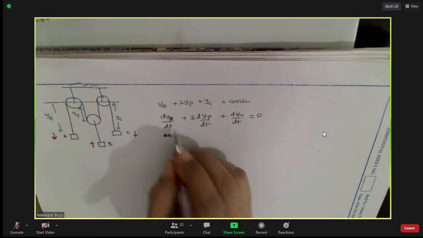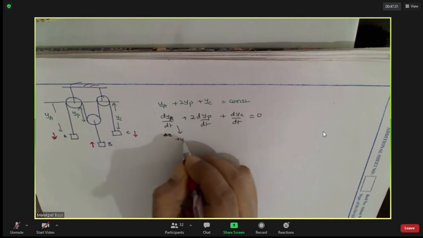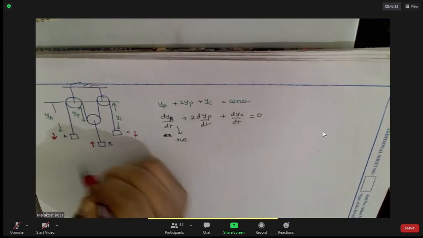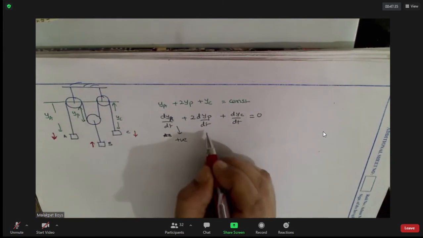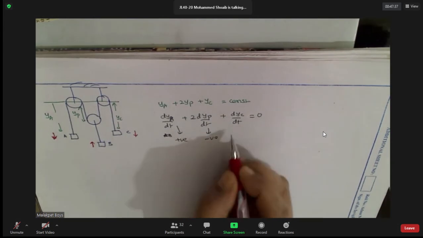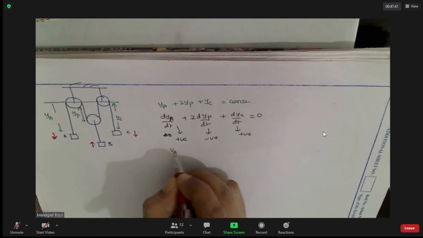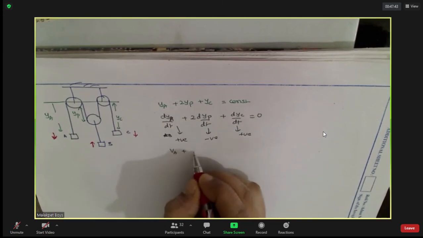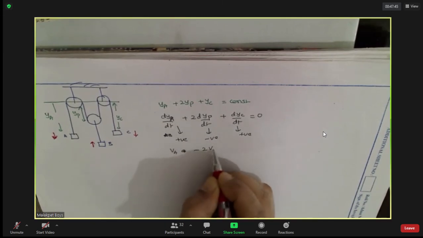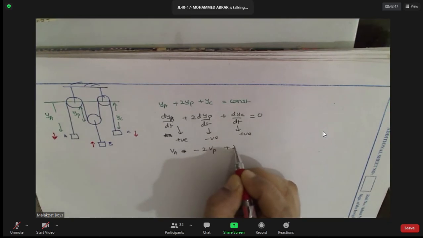Now this is positive or negative? As it goes, this will decrease, no? Positive, sir. Negative. For this, you have to take sign. Plus VB. Easy.